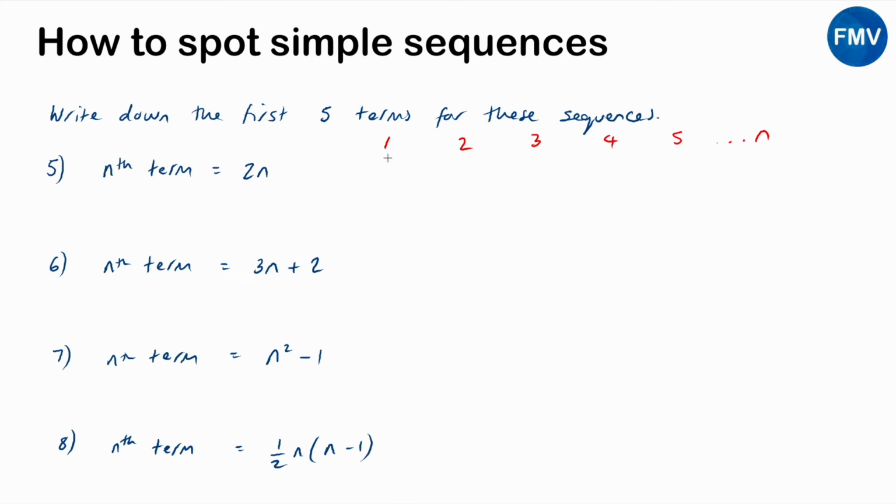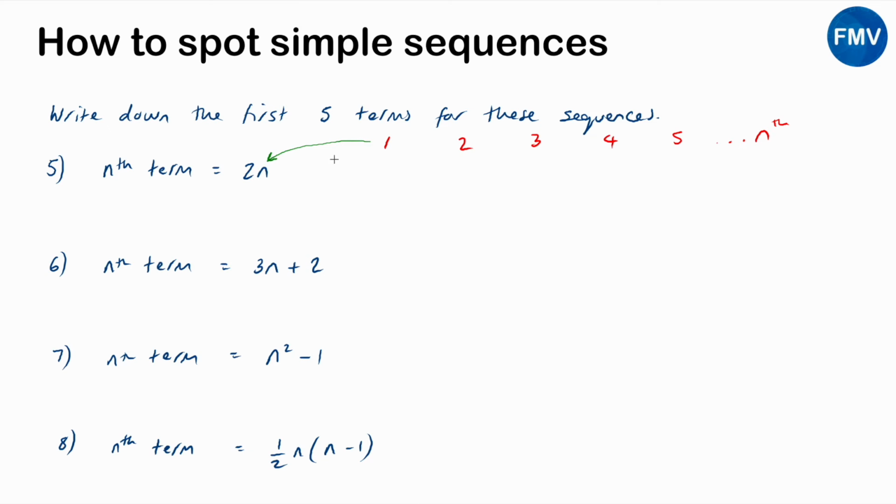So I've written here position 1, 2, 3, 4, 5, and that can continue on forever, going to whichever position I choose. So for term 1, the value in the sequence will be 2 multiplied by the position in the term. All I'm doing is substituting the position into the expression.